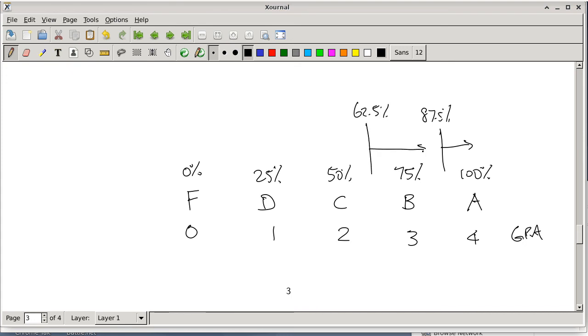So that's why that is the range of B. And this is 37.5%. And this is the range for a C. And this is the range for a D, which is 12.5% and up. And lower than 12.5% is an F. I think most people would agree that is an F.